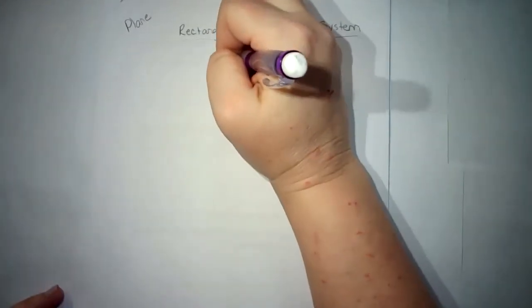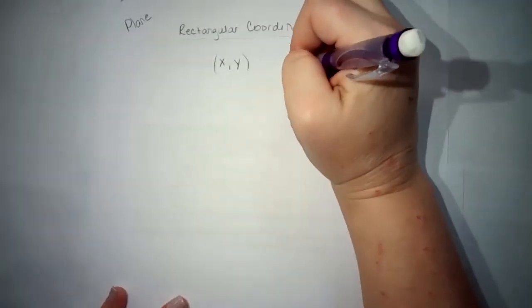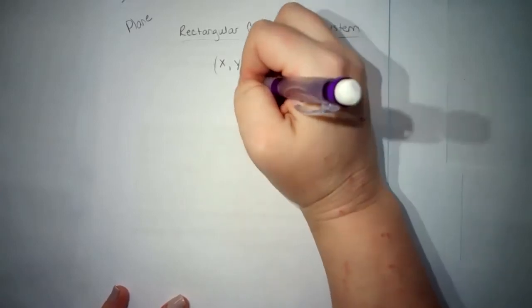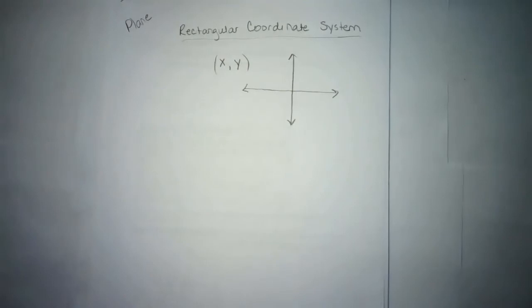Now, the only plane you probably know that exists is the rectangular coordinate system. That's the plane that you have been put in since elementary school. The rectangular coordinate system has X. You learned all about X, and then we introduced Y, and then we told you you could make little points with them. To graph in the rectangular coordinate system, you have two number lines.